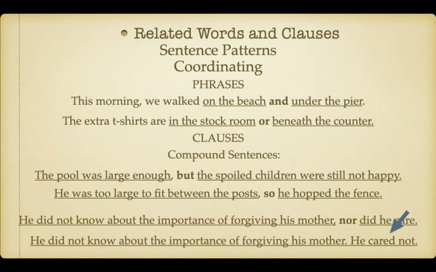He did not know about the importance of forgiving his mother, nor did he care. In this one, by using the coordinating conjunction nor, there's an implied emphasis on the uncaring attitude of the subject. It's not quite so clear when we instead use two sentences.